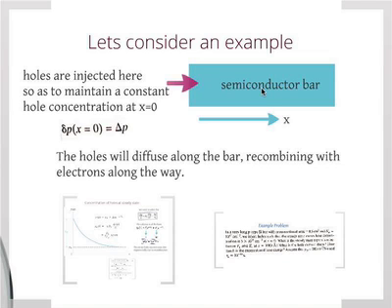But remember what's going on here. So you have a bar, okay, that's the boundary of the bar, and you're injecting holes, okay? So if I draw the concentration of holes, what does that look like? Before injection, it's fixed, right? It's a constant. If it's intrinsic, it's n_i, if it's doped, whatever, right?